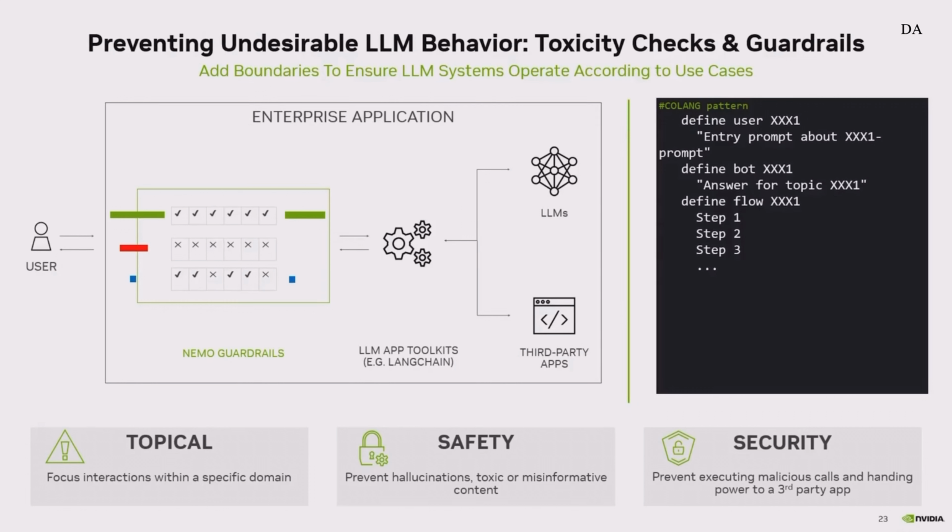Safety, to prevent hallucinations. If the LLM is producing undesirable results or something toxic, we would need to also perform a toxicity check on the input and output. And then finally, security. We don't want necessarily our user to be able to access everything about a third-party app simply through an email which goes into a prompt.